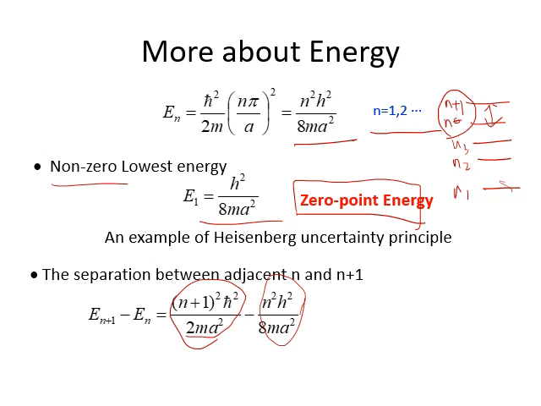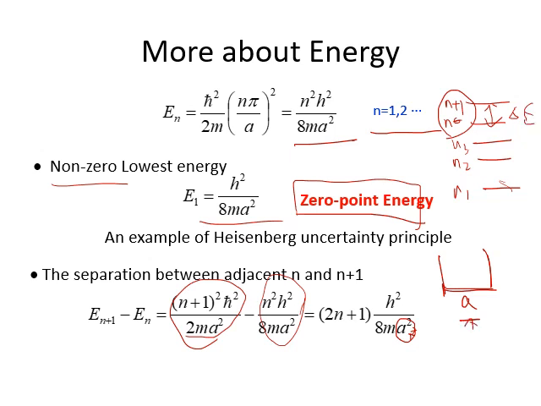The difference is here. The important thing you see is that it is inversely proportional to a squared, where a is the length of the particle box. So when you increase a, you decrease the separation. The delta E becomes smaller when you increase a.